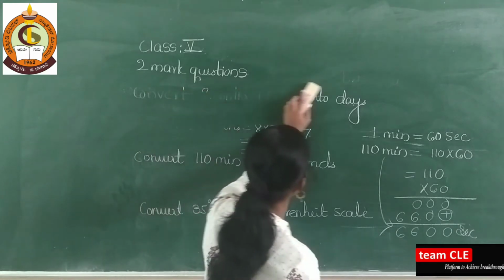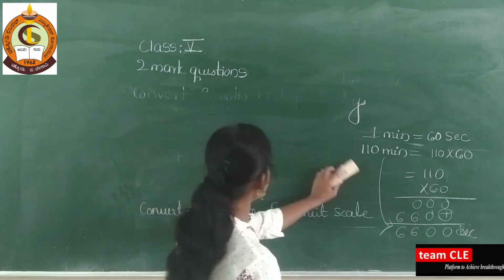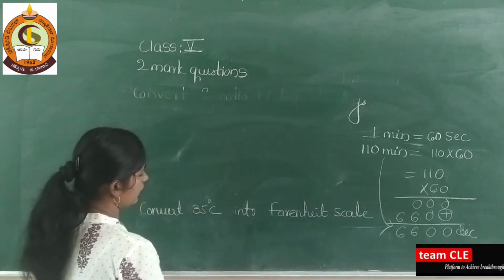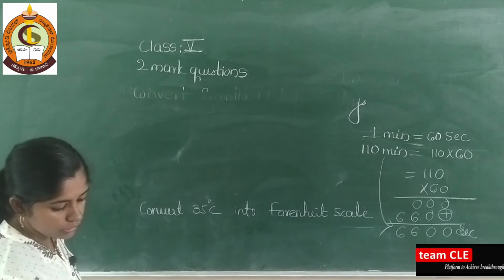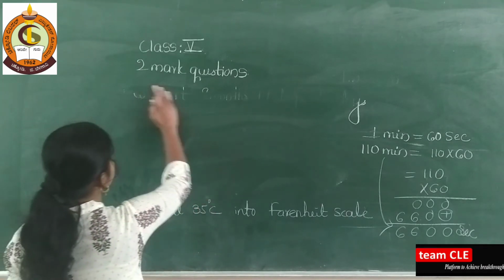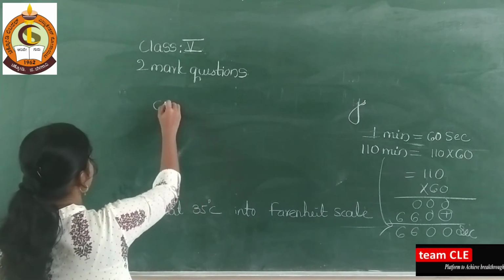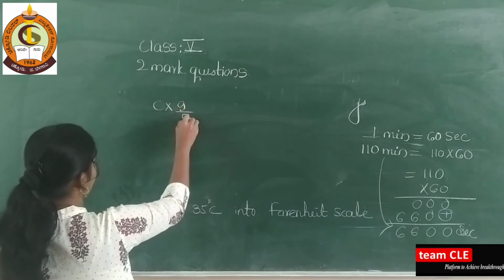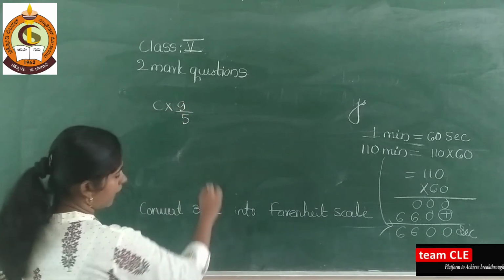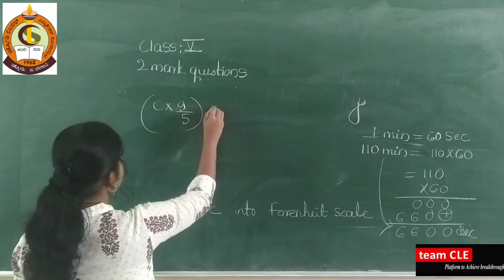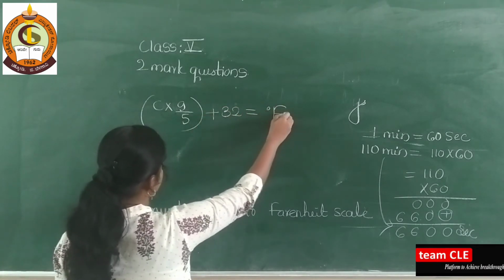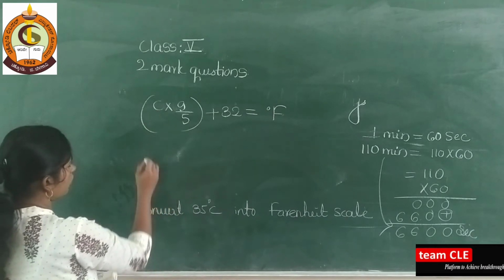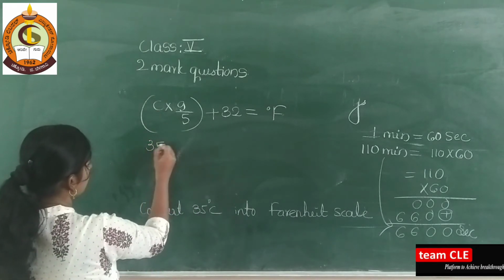Okay. So this kind of more examples are there in the textbook. Practice it. Next I will move to the next question, and that is convert 35 degree Celsius into Fahrenheit scale. For that you have to know the formula. The formula is C into 9 by 5 plus 32 is equal to Fahrenheit. Here C is 35.